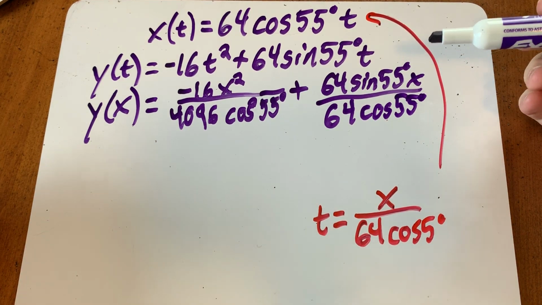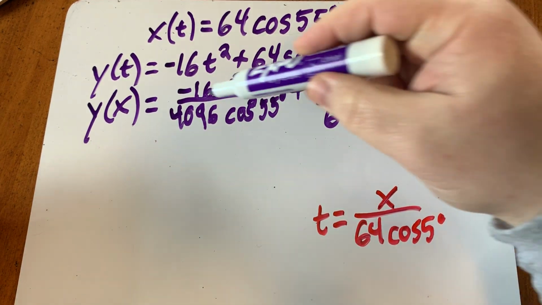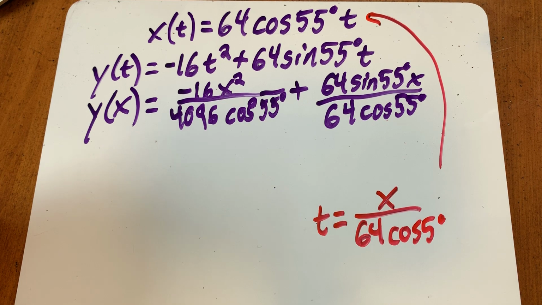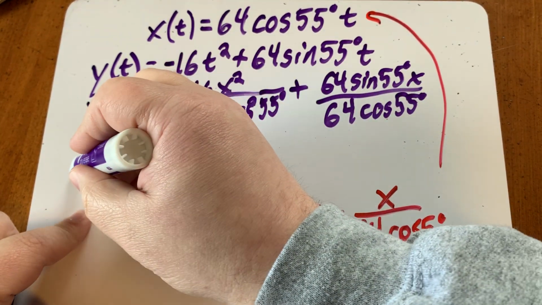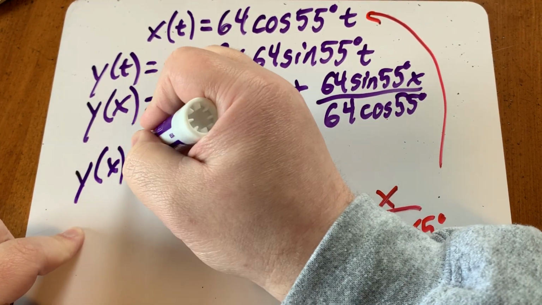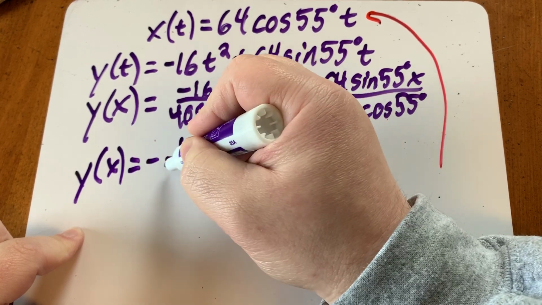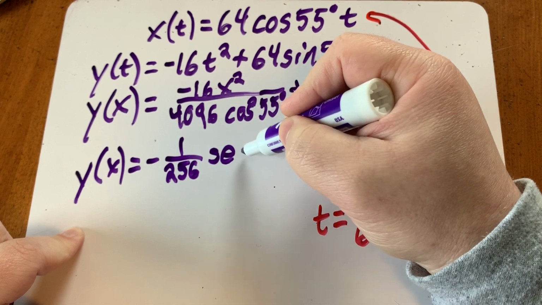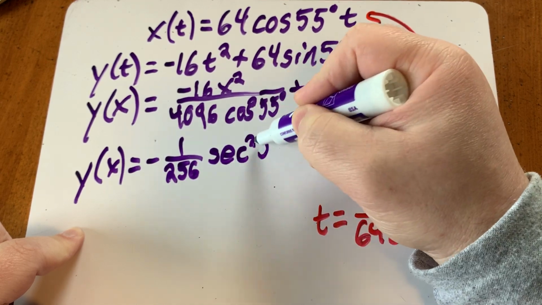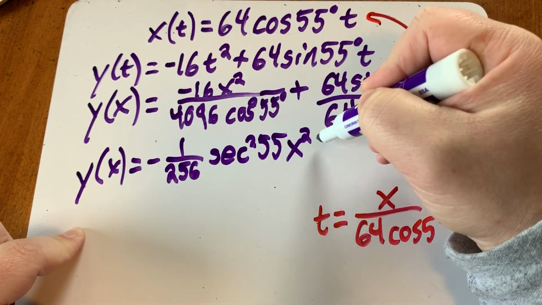And we can simplify this, make it a little easier. 16 goes into 4096 256 times. Pretty sure it's 256, but I want to check with my calculator. Yes, it's 256. So y of x equals negative 1 over 256, and 1 over cosine squared is secant squared of 55, times x squared.